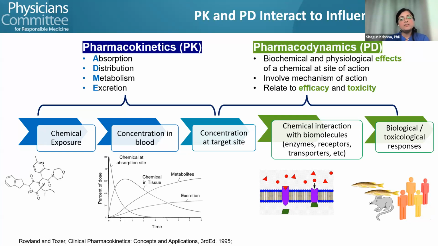On the other hand, PD focuses on what the chemical does at its target sites, where it interacts with molecules like enzymes and receptors to produce certain biological responses. And together, PD and PK give you a complete picture of any toxicological effect of a chemical.